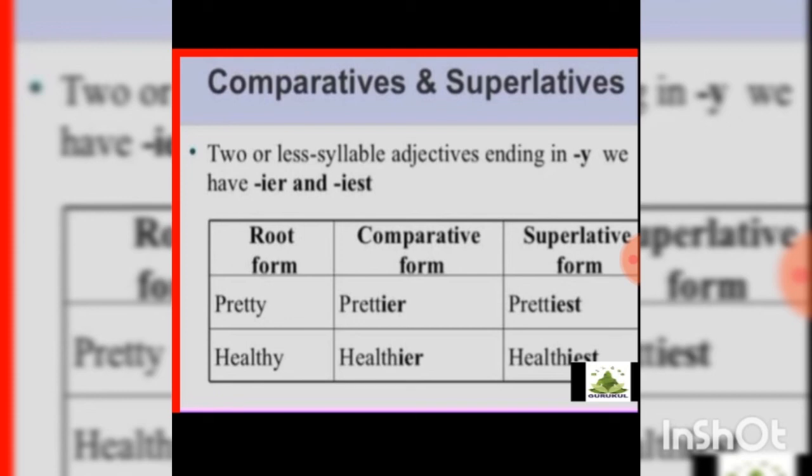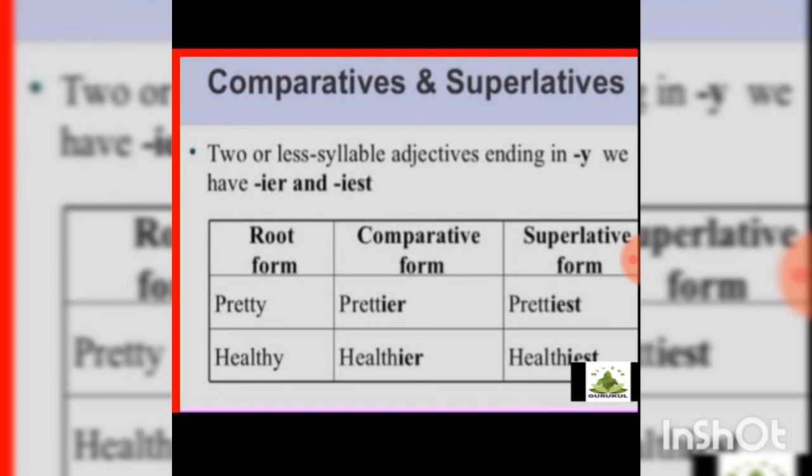Okay, pretty, P-R-E-T-T-Y. Now here, the word ends with Y. So in comparative degree we add IER, and in superlative form, children, we add IEST. So keep it in mind, children, when words end with Y, in comparative we use IER, and in superlative form we use IEST.